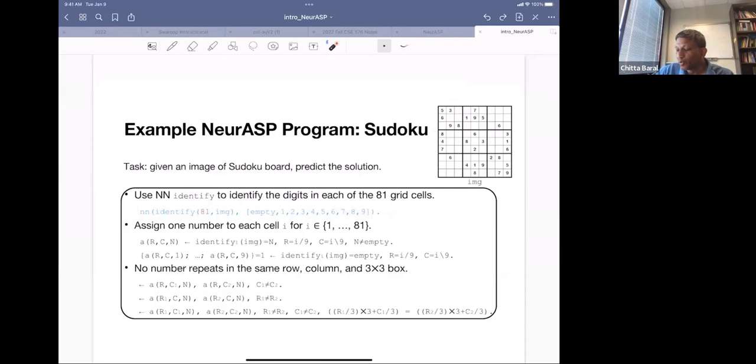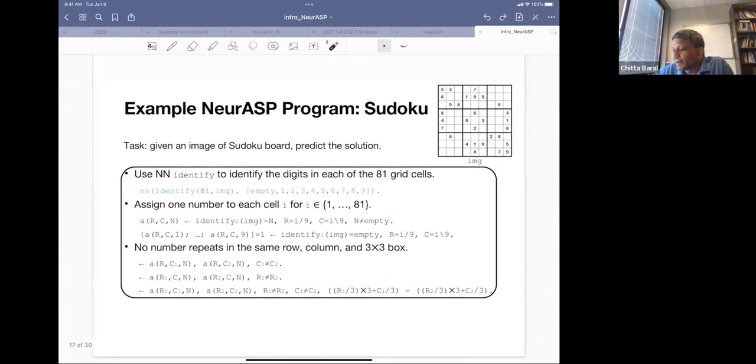And then you have the standard logical rules. First, if you have identified a particular item as already 9, so there are blanks here, and some places where you have identified something, like the perception layer, then you just assign that the row, column, and value is n.